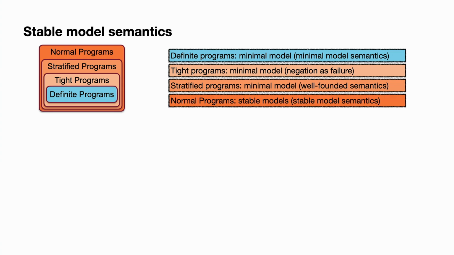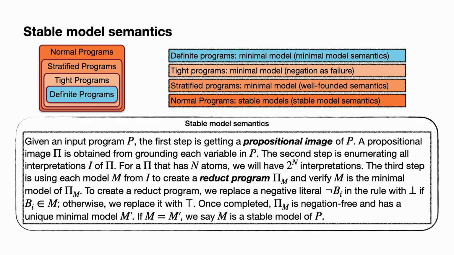And eventually, only for the normal programs, we use the stable model semantics, so it will produce stable models. Okay, the key idea of stable model semantics is: convert the predicates to the propositional image, create a reduct, compute the minimum model of the reduct, and compare the two, okay?